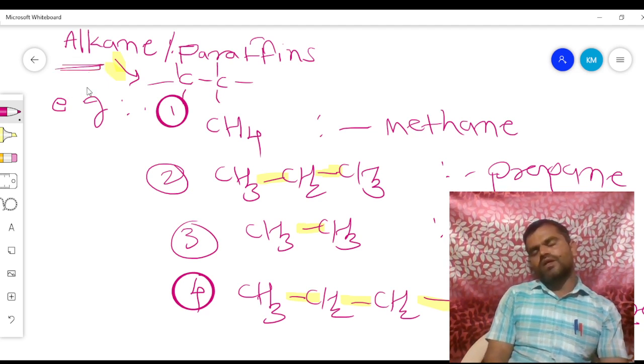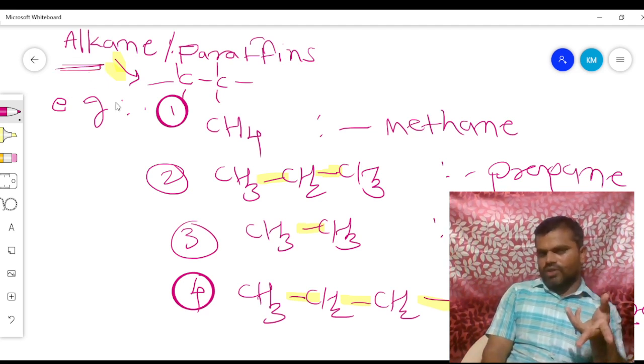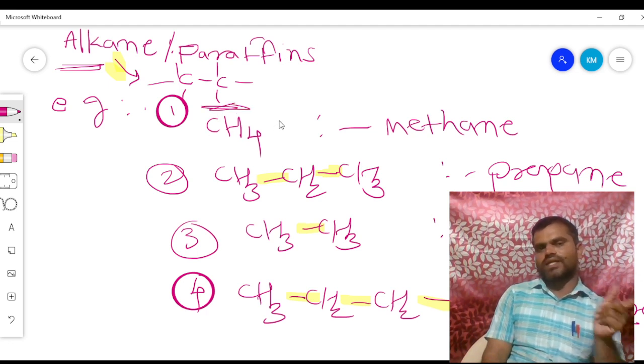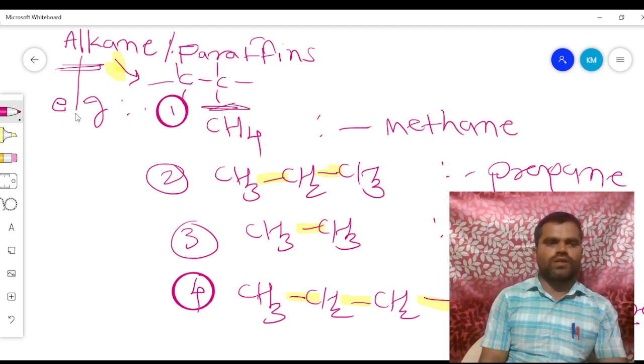Alkanes. In other words, aliphatic saturated hydrocarbons containing carbon carbon single bonds are known as alkanes.